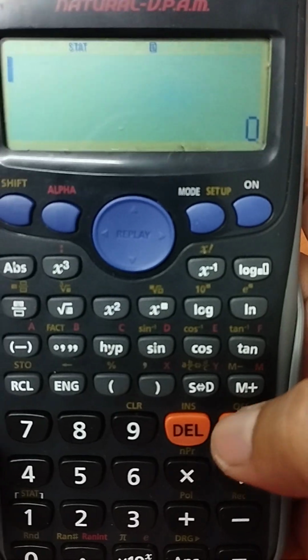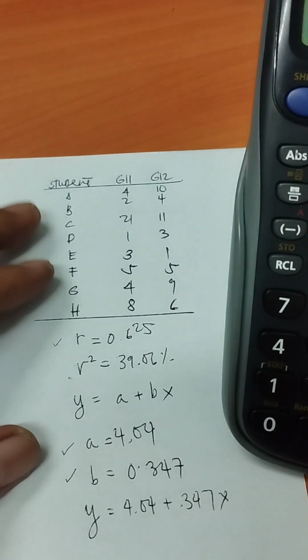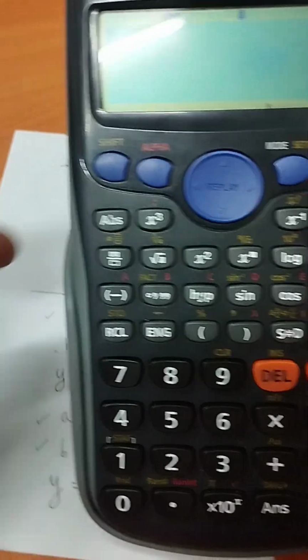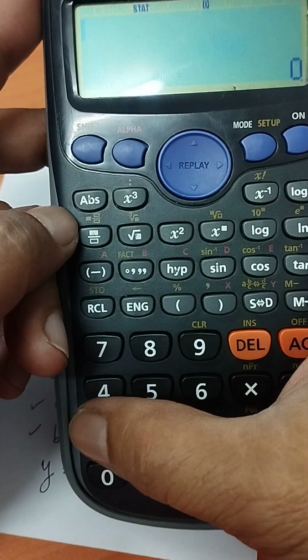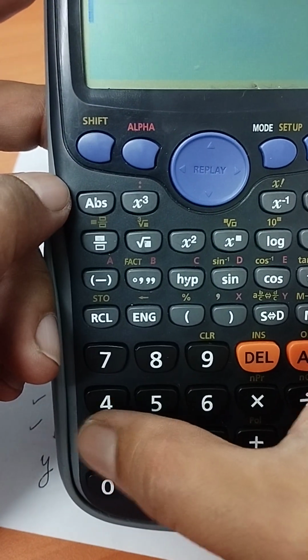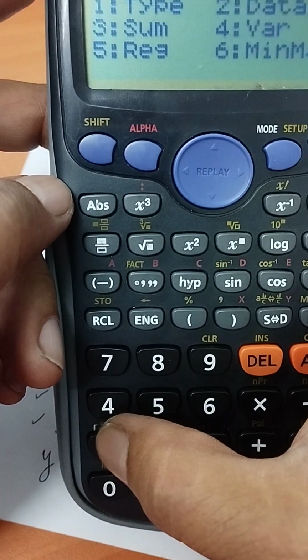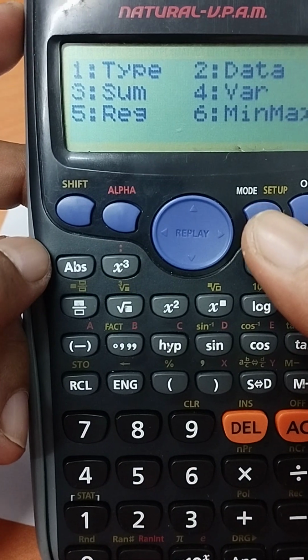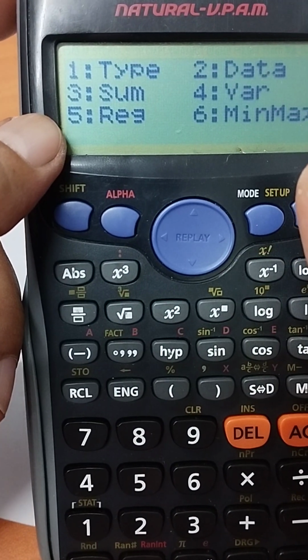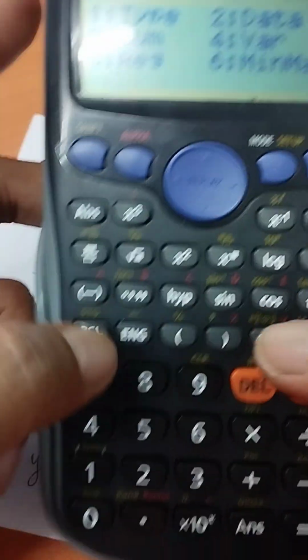We can clear the screen, and to calculate R, A, and B in our calculator, you just look for that in the stat area. So you press shift, stat, number 1, then you have, apparently, 4.